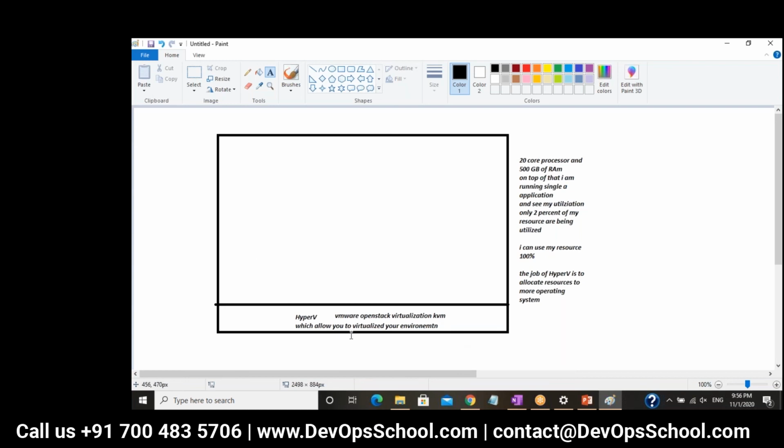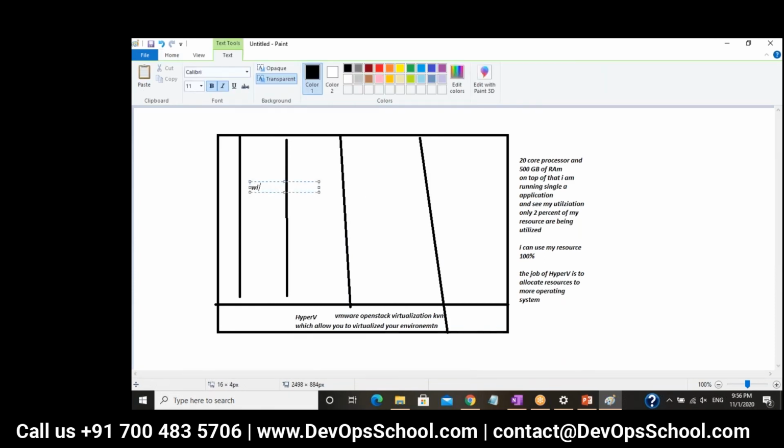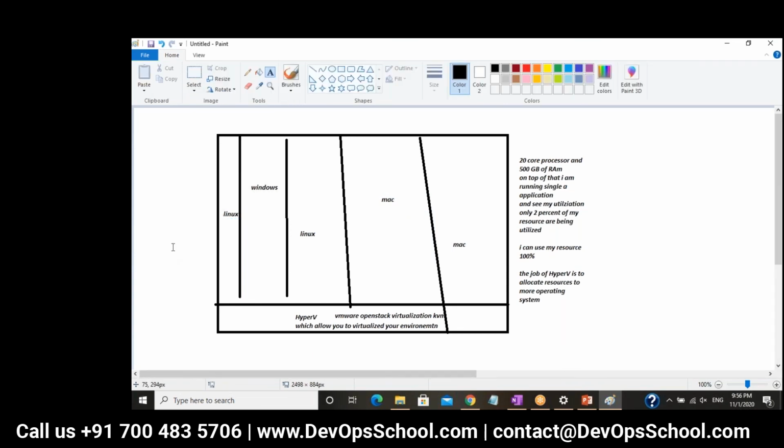So once you install this hypervisor, on top of it I can deploy multiple operating systems. Like I can deploy Windows, Linux, a Mac, another Mac, another Linux system. So using a hypervisor, I can deploy multiple OS.